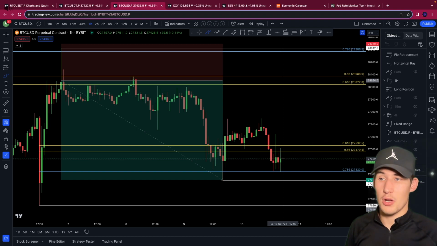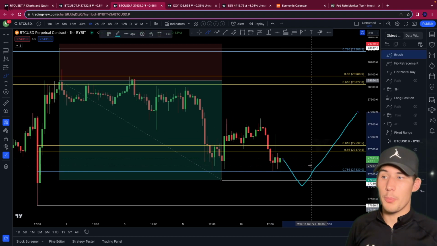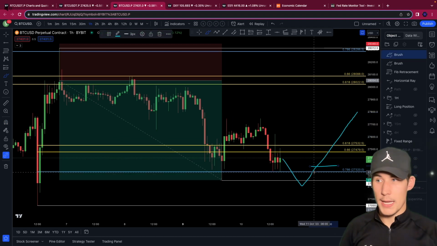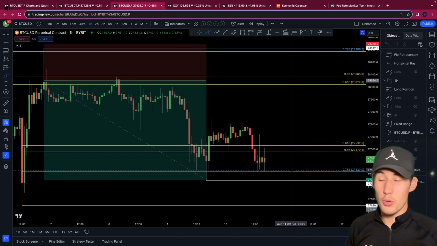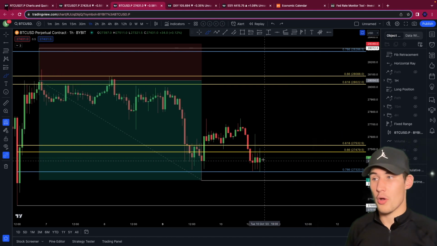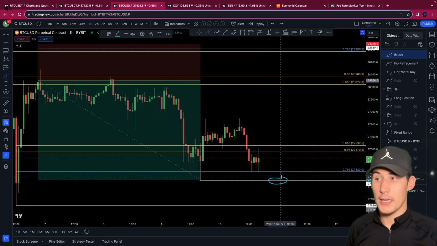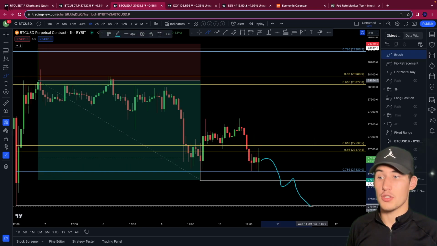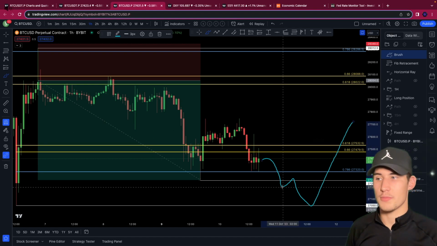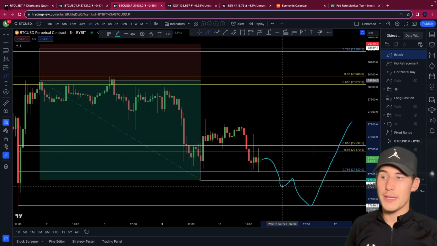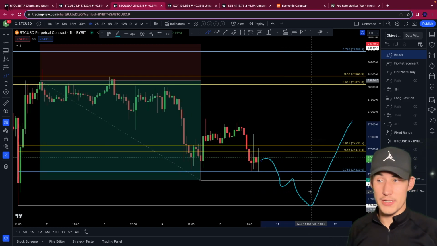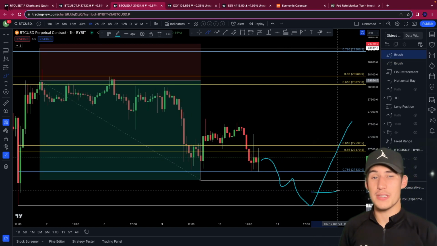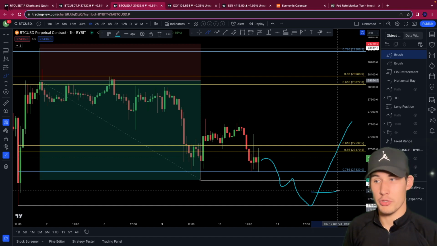As I said, first target is 27,250, where we could possibly enter into a long position. If we don't see the bullish confirmation and bullish confluence to enter into a long here, then we're targeting lower prices. We're targeting $27,050, 27,000 approximately, where from there we could possibly enter into a nice long position, like I said, if we see the bullish confirmation and the bullish confluence coming into 27,000.